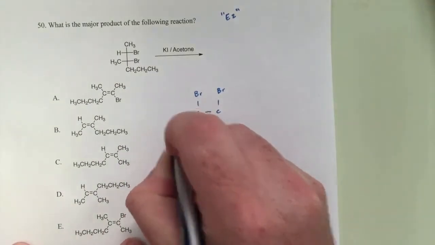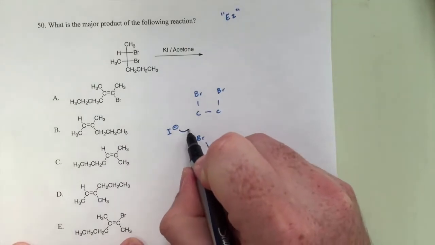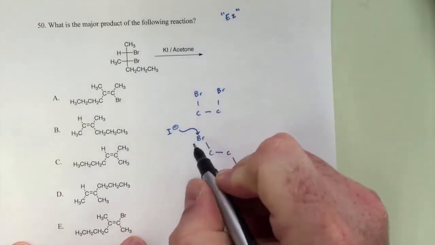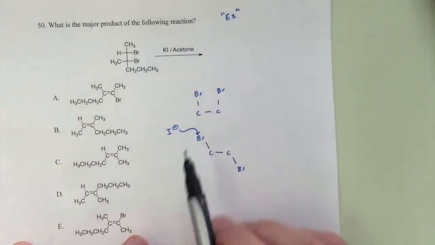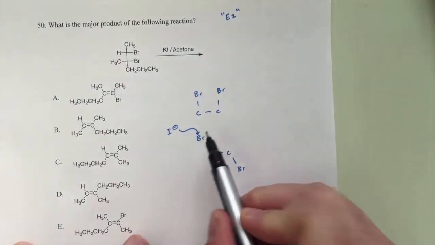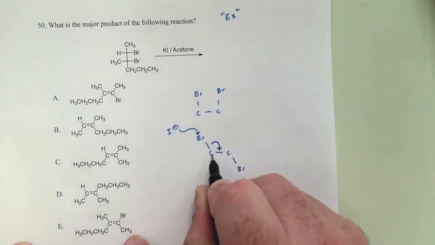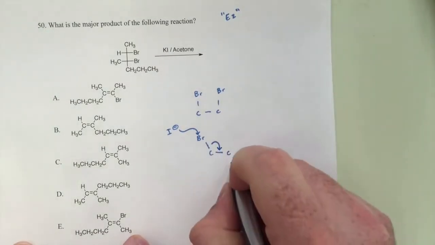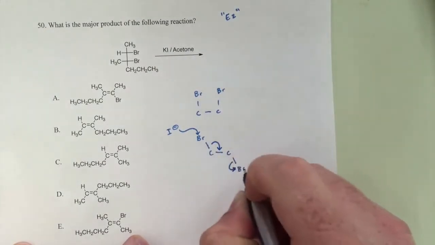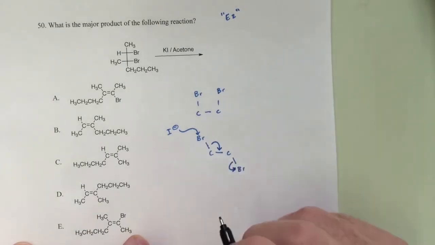The iodine comes and it almost abstracts the bromine the way that a base abstracts a proton. It comes in and binds to the bromine, and in the process, the bromine's electrons go and form the double bond between the two carbons, while the other bromine gets kicked off as a leaving group.